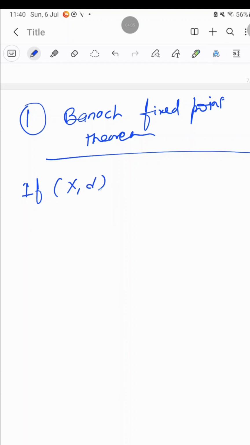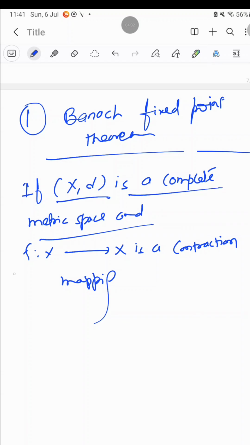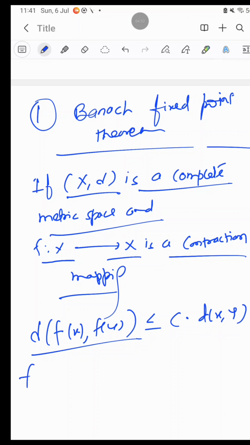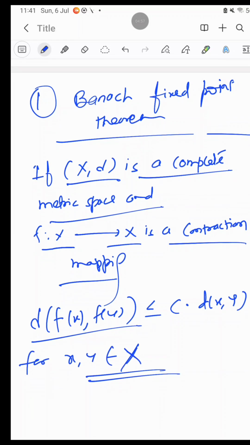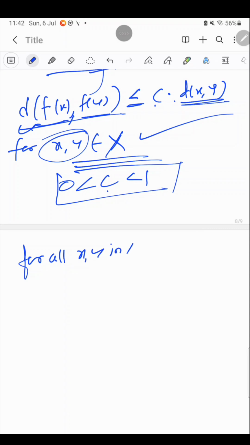If (X, d) is a complete metric space, and f: X to X is a contraction mapping, that is, d(f(x), f(y)) is less than or equal to c times d(x, y), for all x, y belonging to X and some c greater than 0 and less than 1.